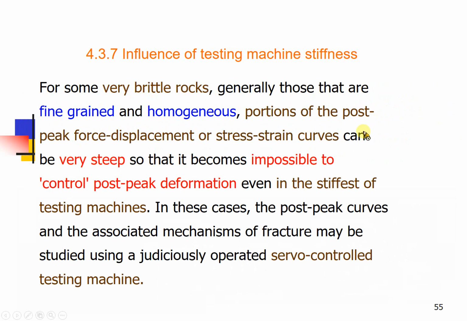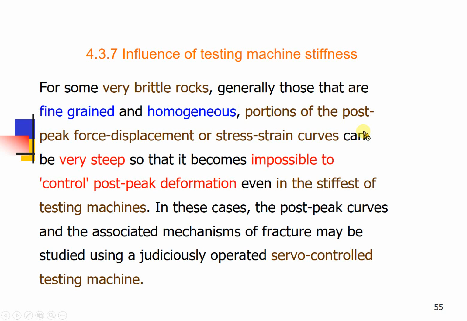If you want to have the complete stress-strain curve, then you have to use the stiff machine. Or another possibility is trying to control the machine in a smart way. So I already mentioned to you, you can control the machine by an experienced tester.